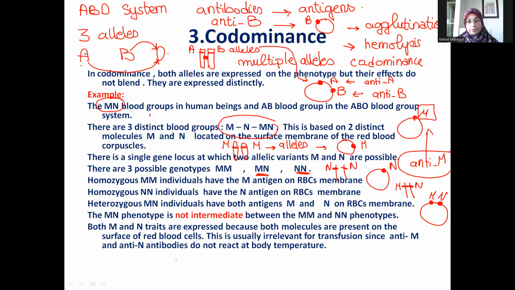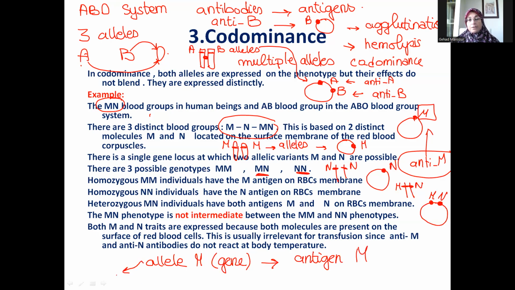This is important because you're always confused about this. So we have an allele, which is a gene, or one of the alternatives of the gene, and it is expressed as an antigen on the surface of your red blood corpuscle.